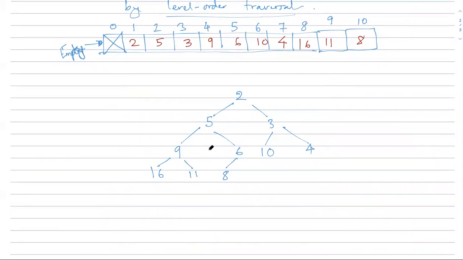Now let's bring our attention to some interesting property on the basis of which we would be able to traverse, just like we would traverse a tree, but just involving the array indices.